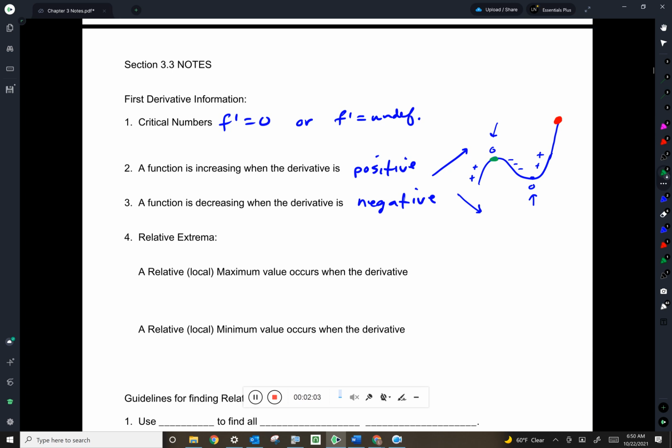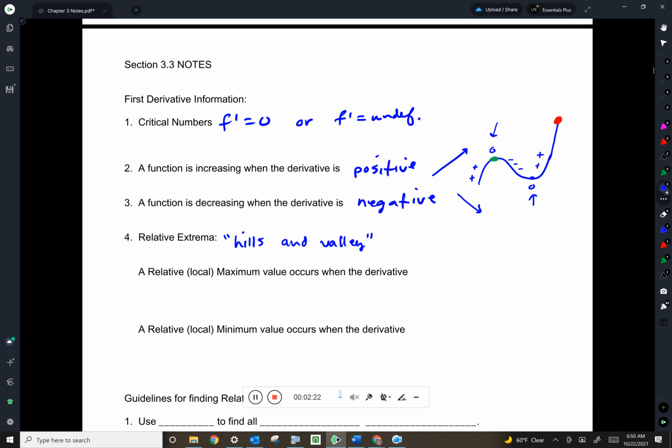So for relative extrema, I'm just going to put here in quotes, textbooks say this as well, these are the hills and valleys. So it's not necessarily the highest point or the lowest point, although it could be.